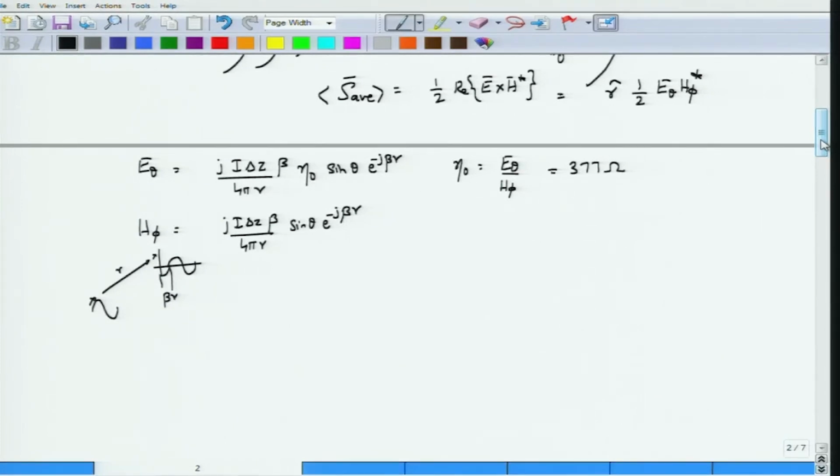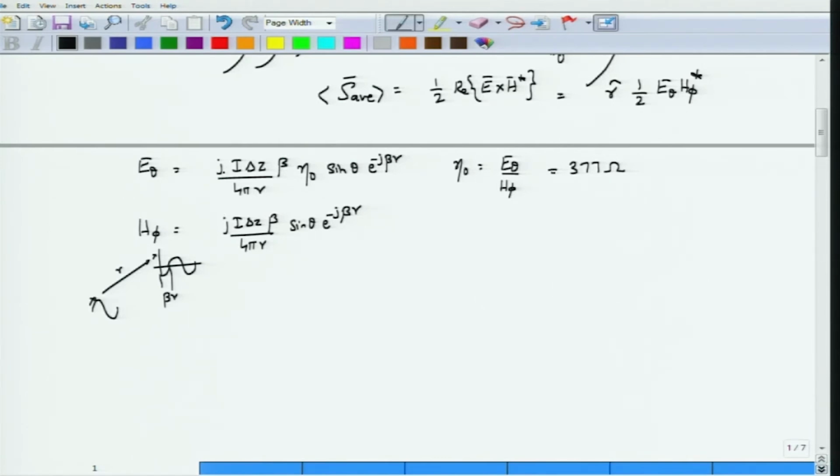Okay. So, we were discussing this average power density. The average power density will be along the r direction and then I have E theta H phi complex conjugate, right. So, if I take H phi complex conjugate, j becomes minus j, so minus j into j becomes plus 1.